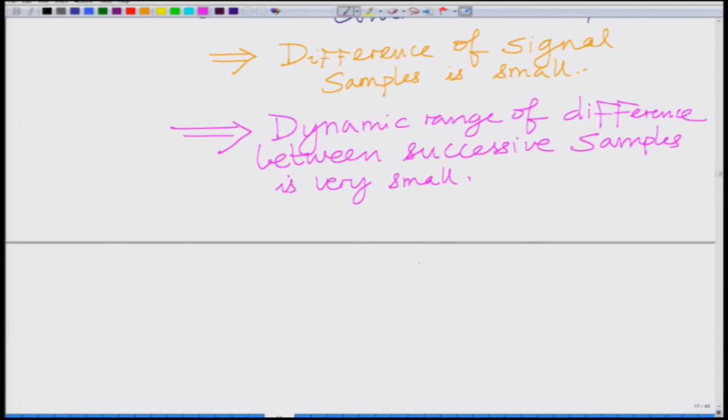This implies that we have a finer resolution and lower quantization error.